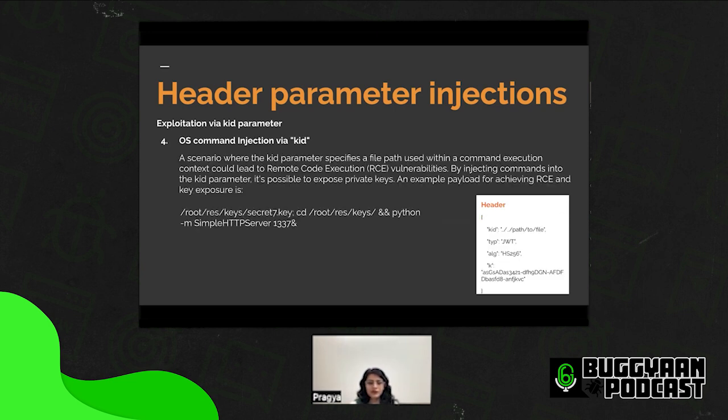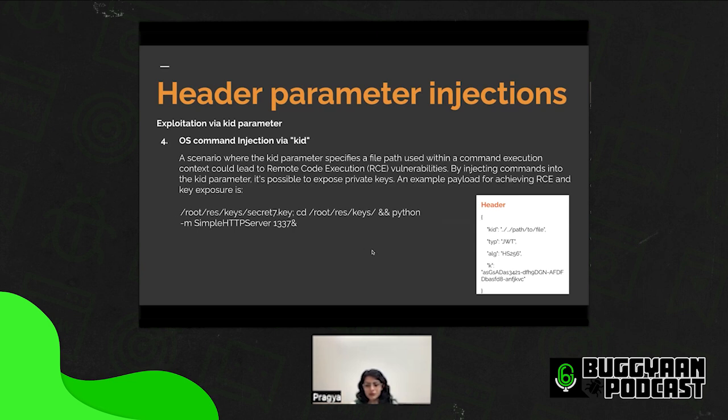So the fourth kind of attack we can do is OS command injection. You can even do an OS command injection using the token. There can be a scenario where the KID parameter specifies a file path within a command execution context. So you can also try for any OS command execution commands.